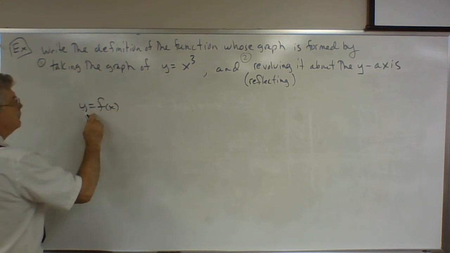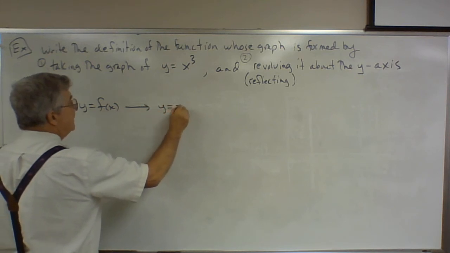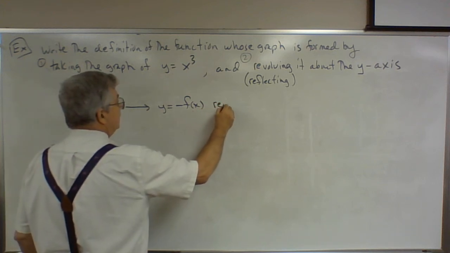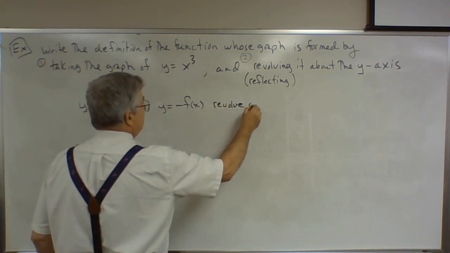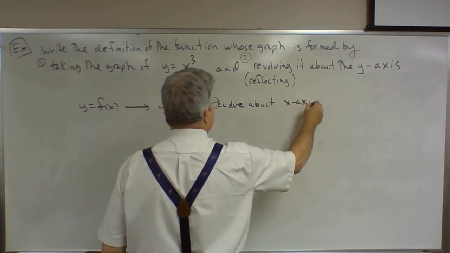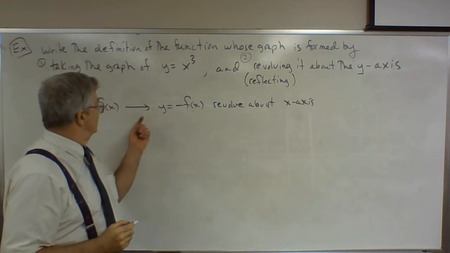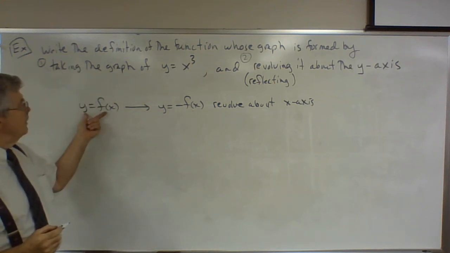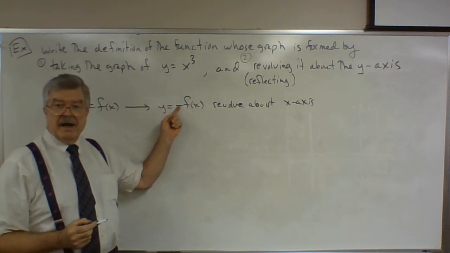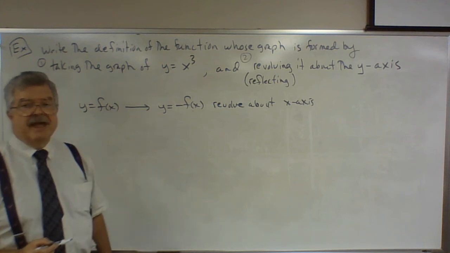if we have the function y equals f of x, to revolve it about the x-axis, this is what we do. We take the y-coordinate, which is f of x, and we multiply that y-coordinate by -1. We revolve it about the x-axis.